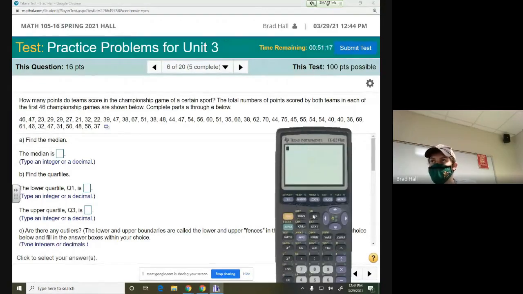So we'll just run through how to get to the edit screen for any of you who might have forgotten. Click on Stat, and then enter on Edit, so we can edit the values in. And we can all go ahead and start typing in values. I'll give you all a second to go and type those in.